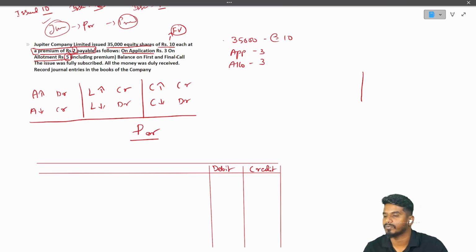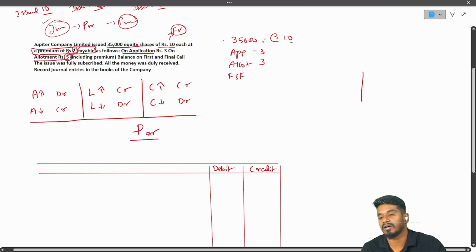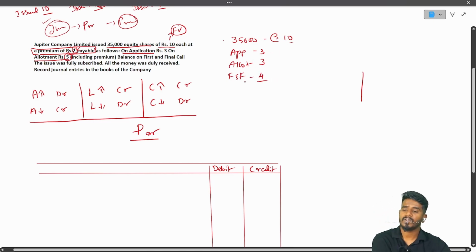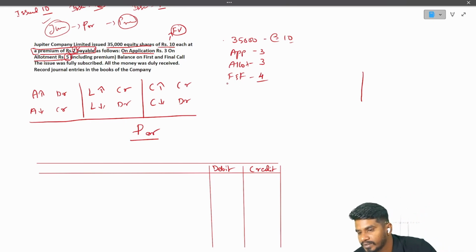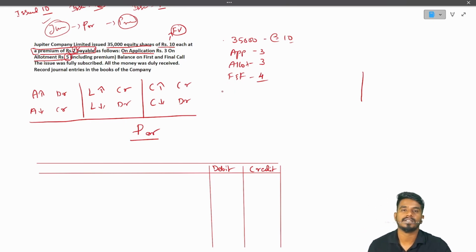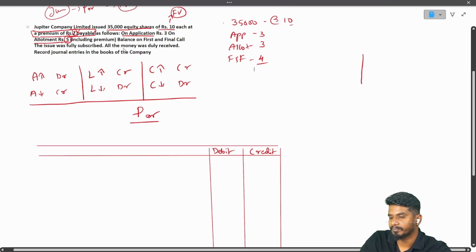We are doing a par question, so we are not considering this 2 rupees. So on allotment, 3 rupees. And the first and final call will be: out of 10 rupees, 3 on application and 3 on allotment, so the remaining is 4 rupees. So the company needs to receive 4 rupees on first and final call. Okay, let us solve the question.